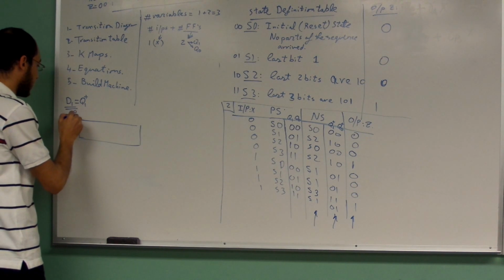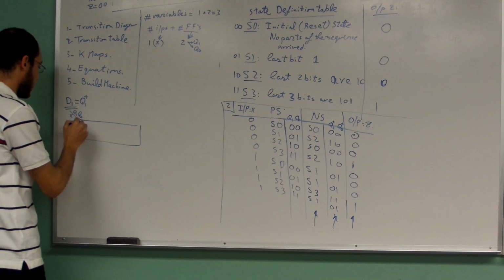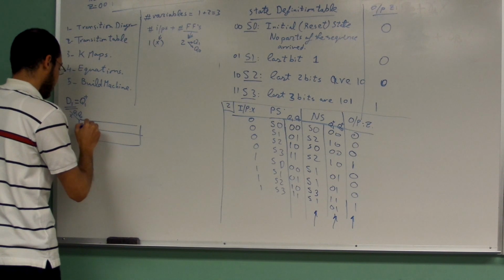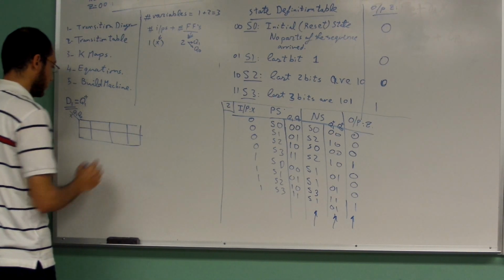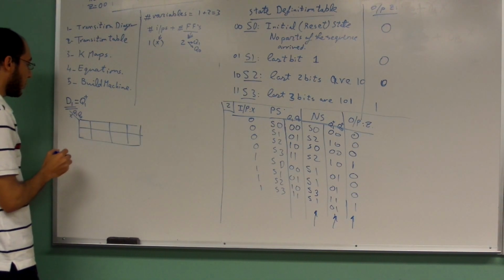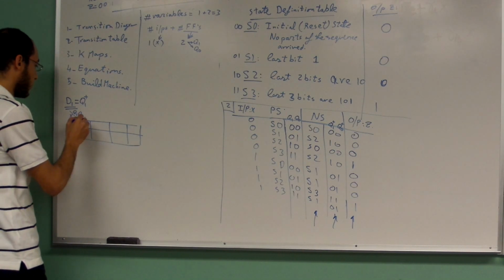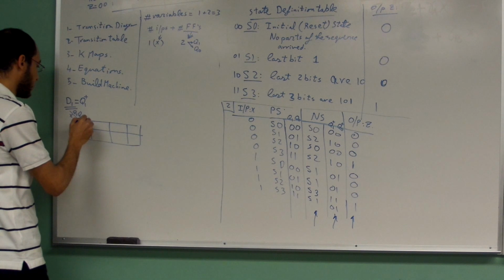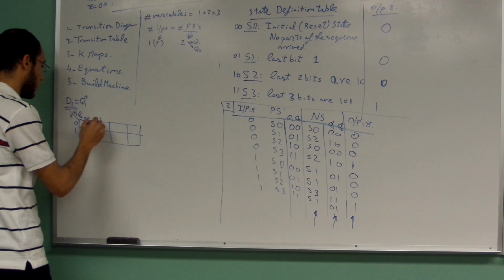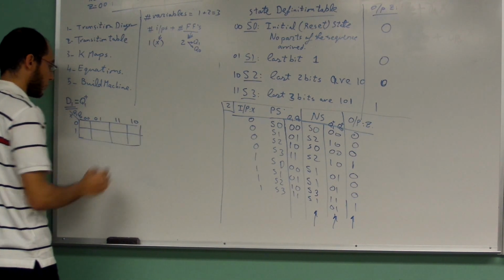What's the first one? X. Then Q1, Q0. Okay? So how are we going to fill it in? This is 0, this is 1, this is 0 0, 0 1, 1 1, 1 0.